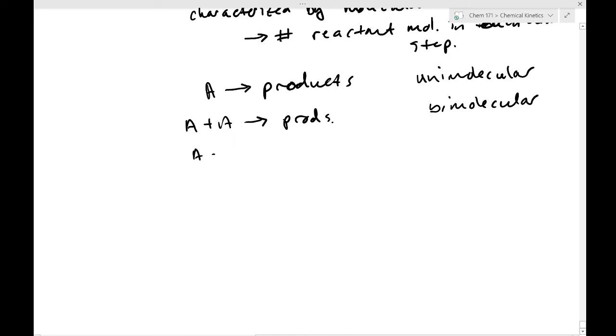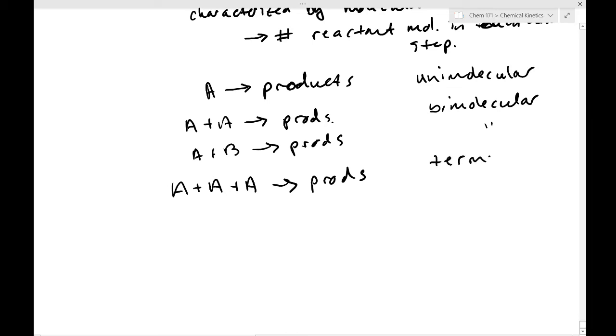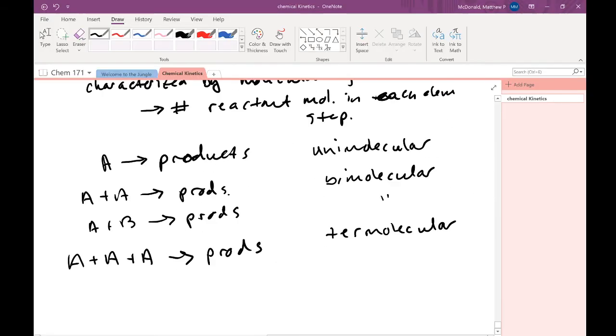If we have A plus B going to products, this is also a bimolecular step. If we have 3 going to the products, this is a termolecular step. And it turns out that termolecular steps are extremely rare.